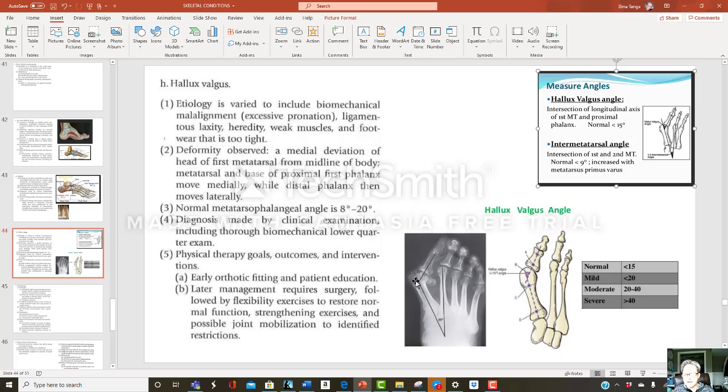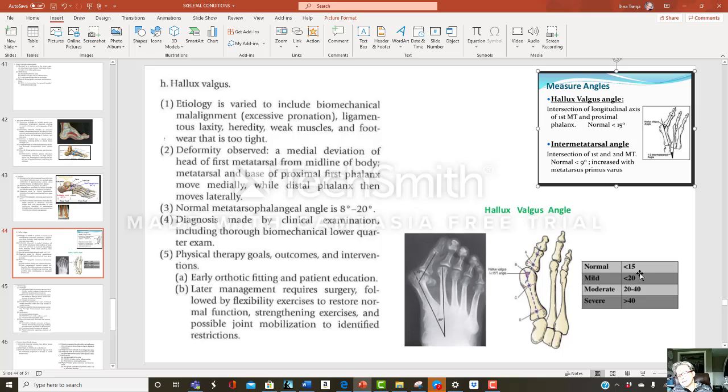This right here would be a medial deviation of the first metatarsal from the midline of the body. Metatarsal and base of proximal first phalanx move medially, while the distal phalanx then moves laterally. And that's hallux valgus.